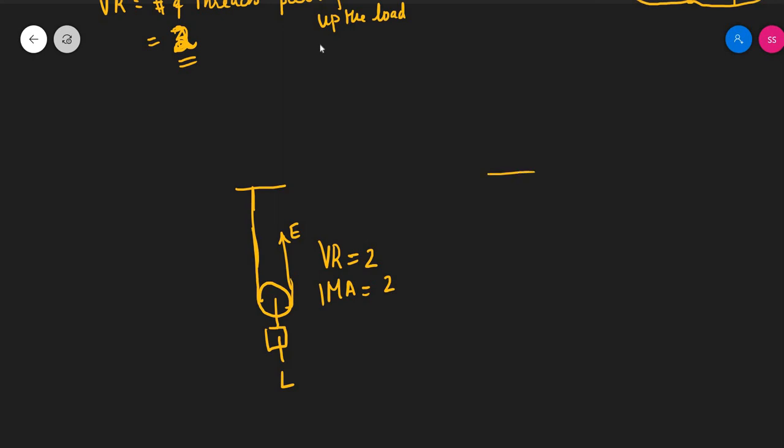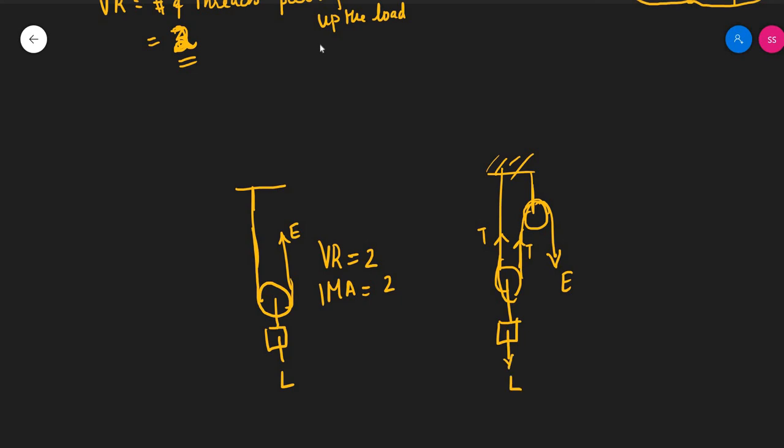You could also change the direction of the effort force that you put in by adding a fixed pulley to the single movable pulley, and you apply effort in this way, and your tension is in this direction. This doesn't change your velocity ratio or your ideal mechanical advantage in any way.